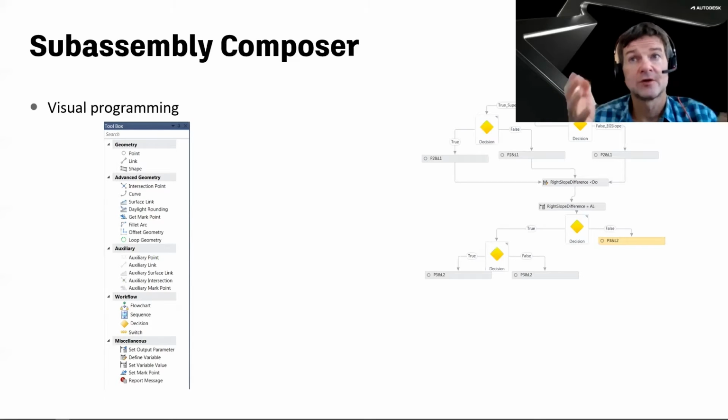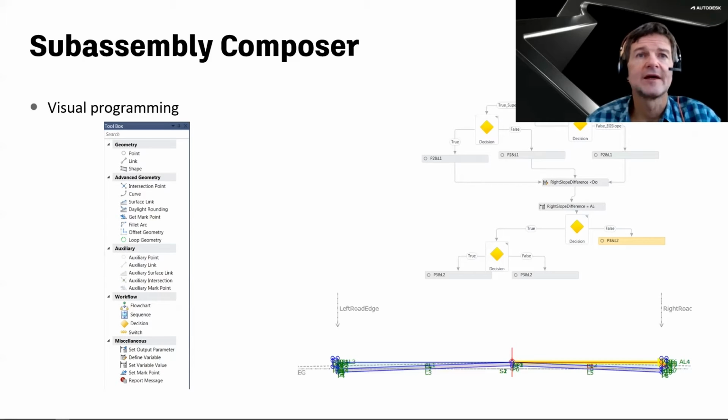And of course, because it's programming, there can be decisions: if this, do this, if not, do something else. The system gives you an immediate preview of how it will behave. And of course, you can target it, for example to the edge of the road. So Subassembly Composer is a very useful tool.